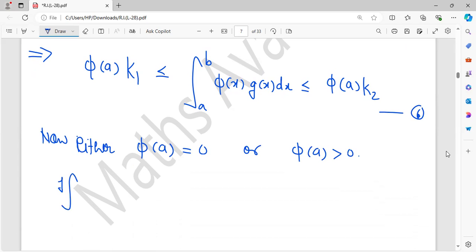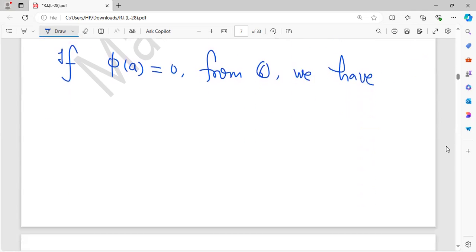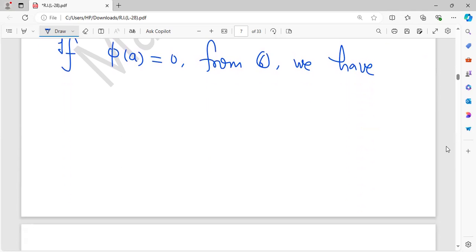If phi(a) is equal to 0, from 6 we have 0 less than or equal to the integral from a to b of phi(x) g(x) dx, which is less than or equal to 0.